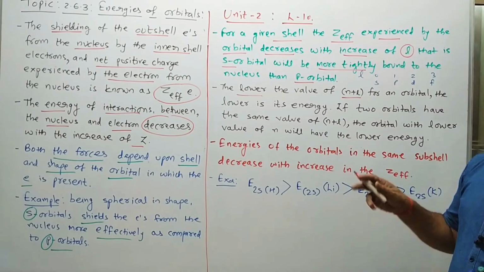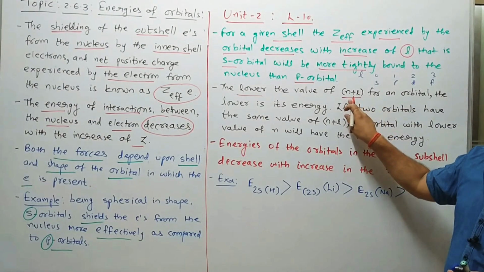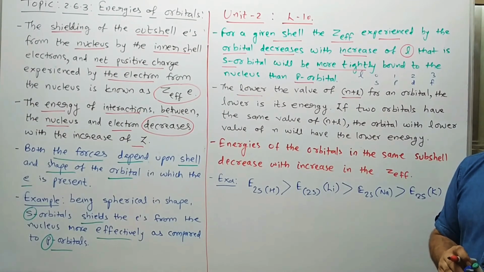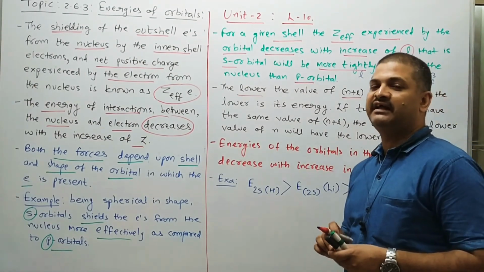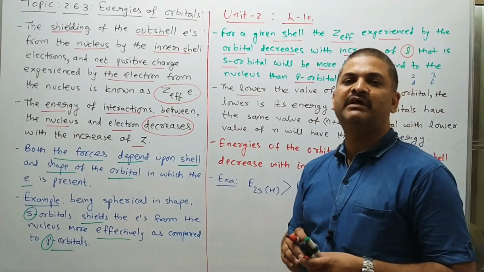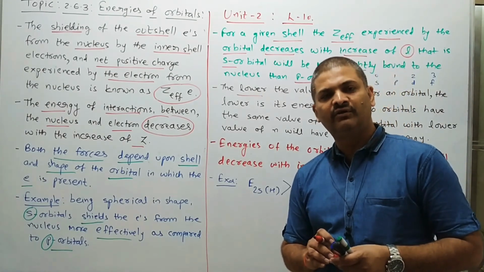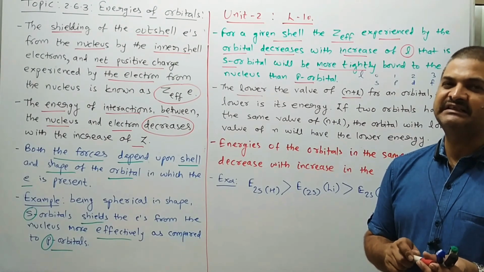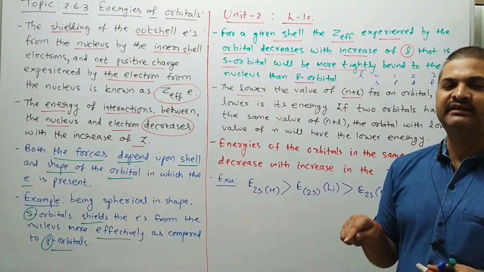Clear or not? Here n is the principal quantum number and l is the angular quantum number. For example, for 4s and 3d: what is the value of n plus l in 4s? 4. And in 3d? 5. Therefore, the energy of 4s is less as compared to 3d.